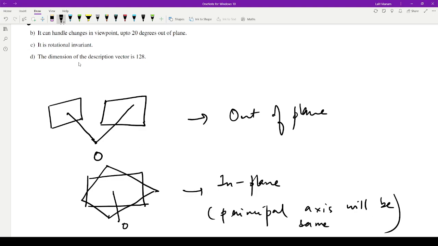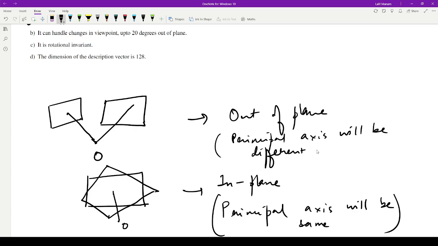You can think of it like that. Here, the principal axis will differ. I hope this notion of in-plane and out-of-plane rotation is clear.